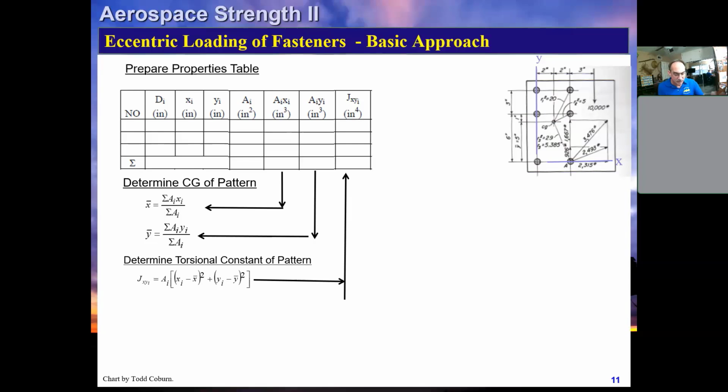What that means is we're going to take the area of each fastener, times the x position minus x bar, square that, plus the y position minus the y bar, square that, add those two together, multiply by the area of the fastener, and that gives you how much J this fastener contributes to the total pattern.